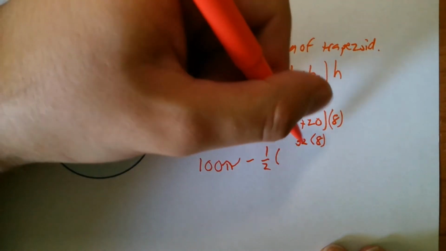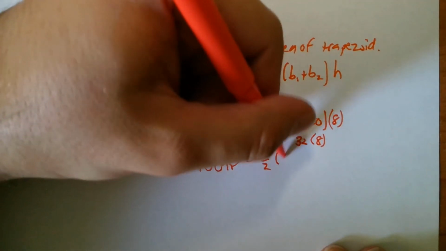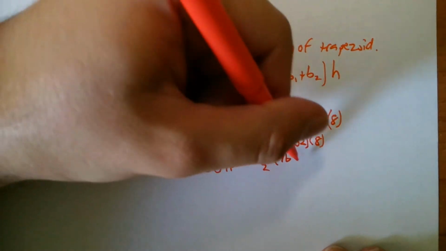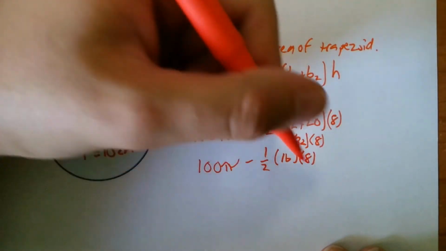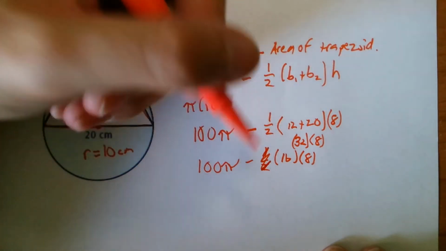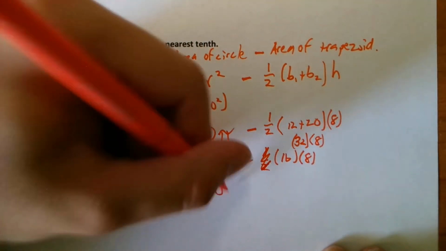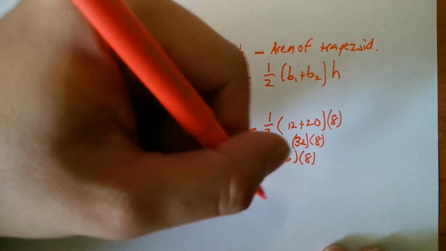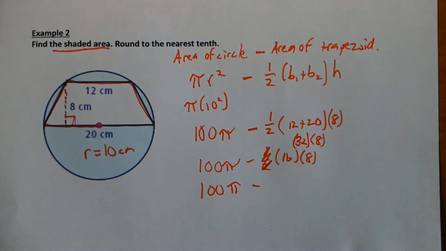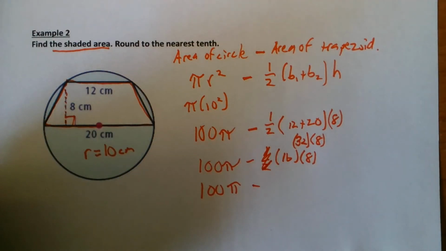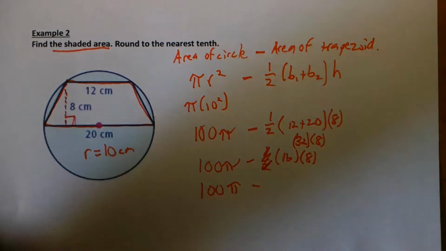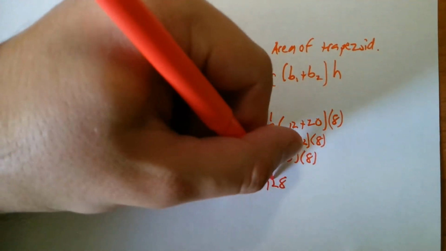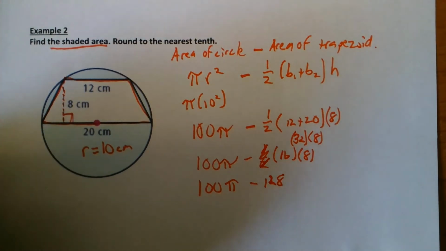And if I want to, I can take half of 32 to get 16 times 8. So that half is used up now. 100 pi minus whatever 16 times 8 is, which I can multiply real fast and tell you. That's going to be 128 units. In this case, centimeters squared.